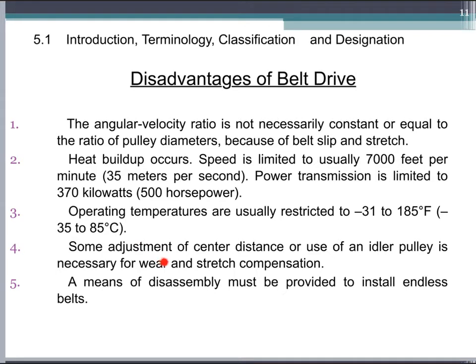And then if wear or stretch happens, we need to adjust the center distance, or we need to use an idler pulley to make the belt and pulley contact.